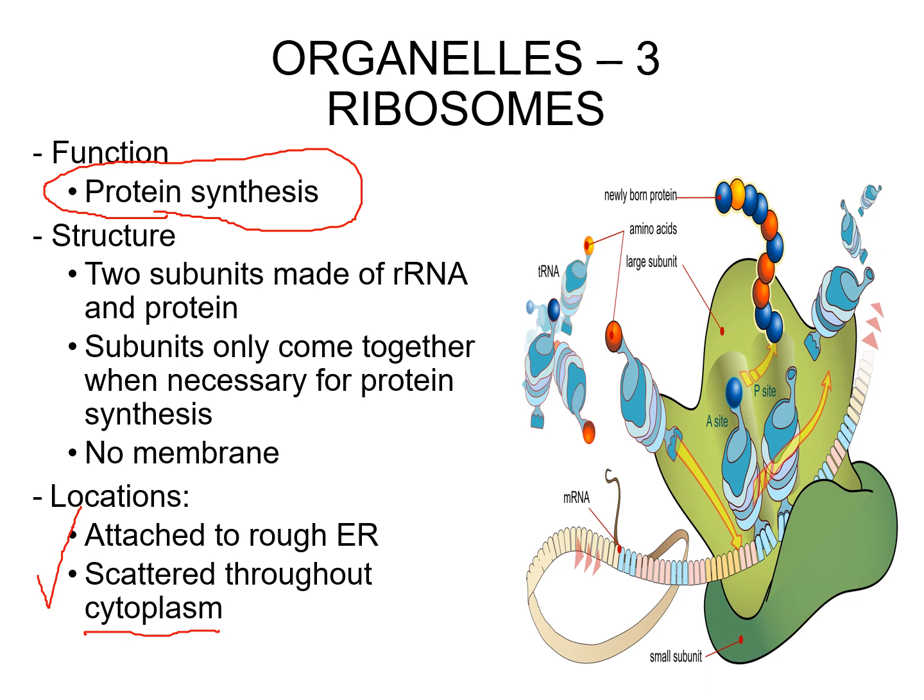And then eventually some of them just settle and anchor onto things, as we saw a lot of them anchored onto the rough endoplasmic reticulum. That's why we call it rough ER, because it's got all those ribosome bumps on it. And a lot of them attach to the outside of the nucleus as well. But regardless of where they're found, cytoplasm, ER, nucleus, whatever, their main job is to make proteins.